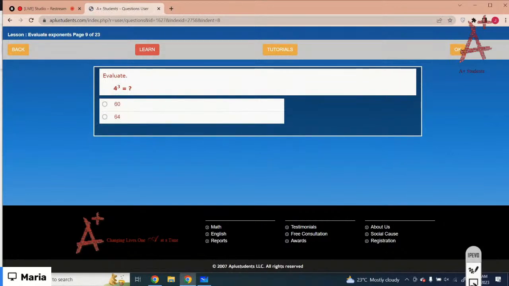Okay, the next one is 4 cube. So which is the correct option? 4 times 4 is 64.